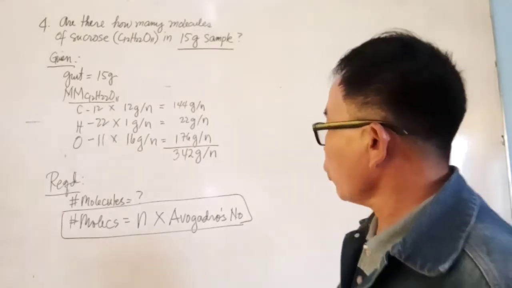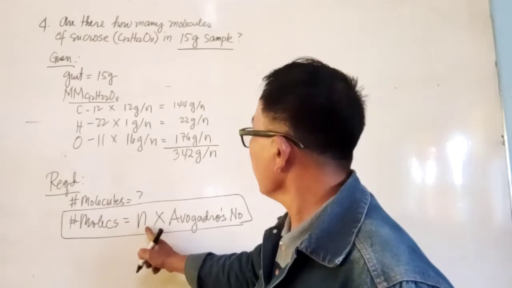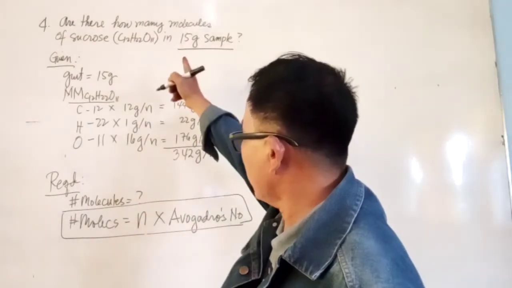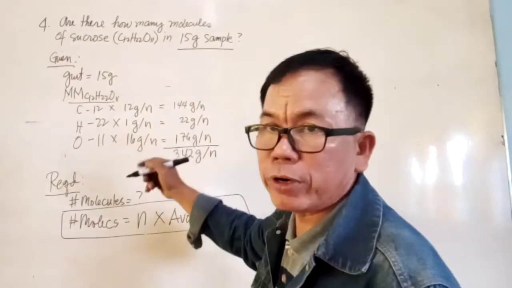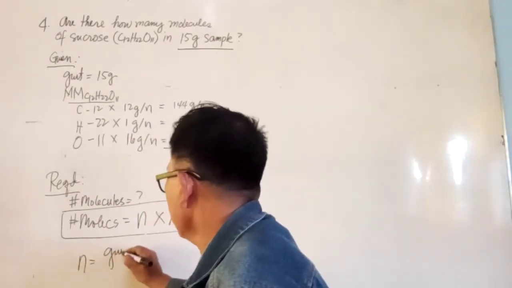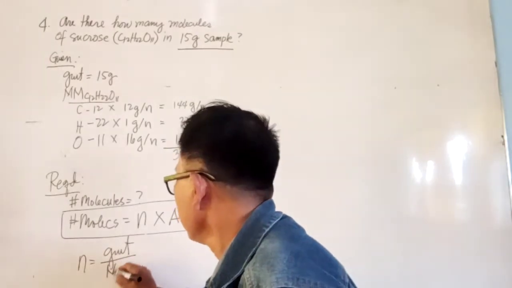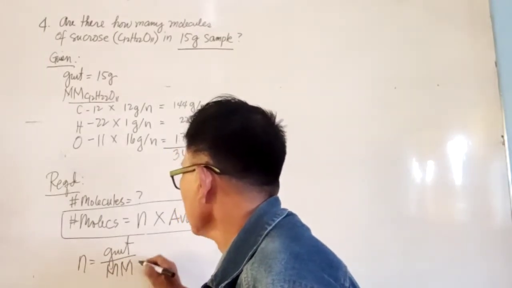Now, the first thing that we have to find out is the number of mole. Because the number of mole is not presented in the problem, but rather we have to compute this first. So the number of mole is equivalent to its given weight divided by the molar mass of sucrose.